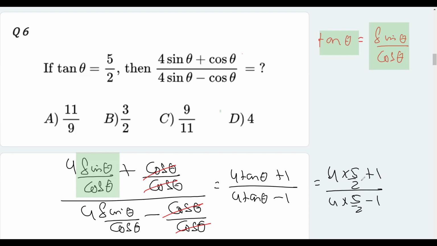Now if I reduce, this by 2 times and this also by 2 times, in the numerator we have 5 into 2, 10, plus 1, that is 11. And below, 10 minus 1, that is 9. So it is 11 over 9. That is, option A is correct in this case.